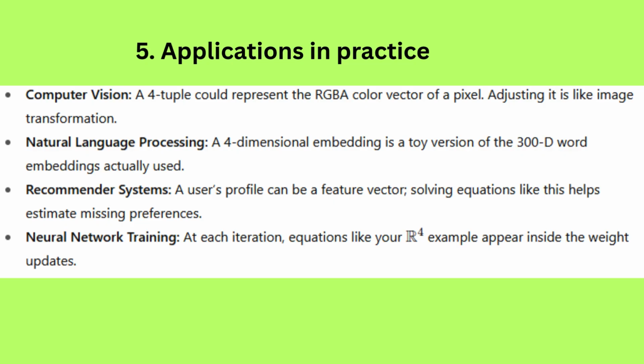We have natural language processing, NLP, which uses a 4-dimensional embedding, a toy version of the 300D word embeddings actually used. We also have recommender systems. A user profile can be a feature vector. Solving equations like this helps to estimate missing preferences. I also have neural network training, where at each iteration, equations like your R4-tuple example appear inside the weight updates.